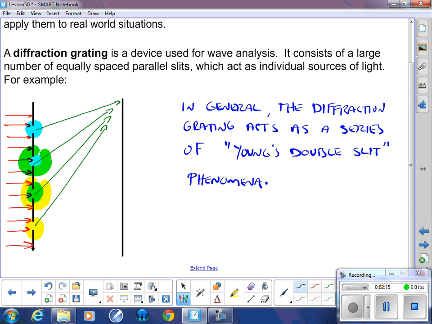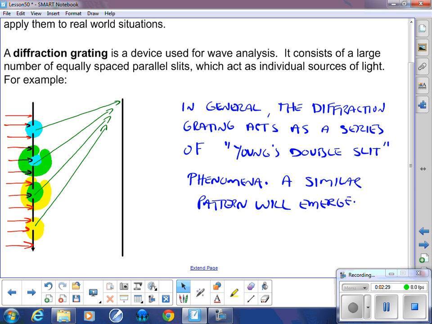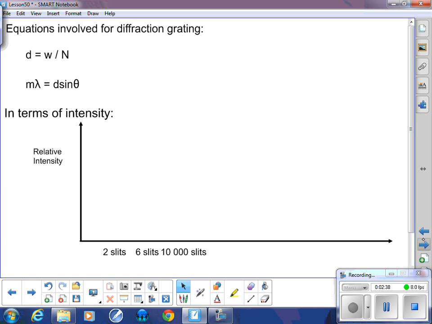Okay, and a similar pattern will emerge if that's the case. All right. So very, very similar. We're taking some of the concepts that we talked about in the Young's double slit, and we're bringing them kind of forward. All right. Now, I'm not going to go through and develop the formulas with you. A lot of the proofs, if you take a look at them, are very, very similar to Young's double slit. They've just been kind of adjusted.